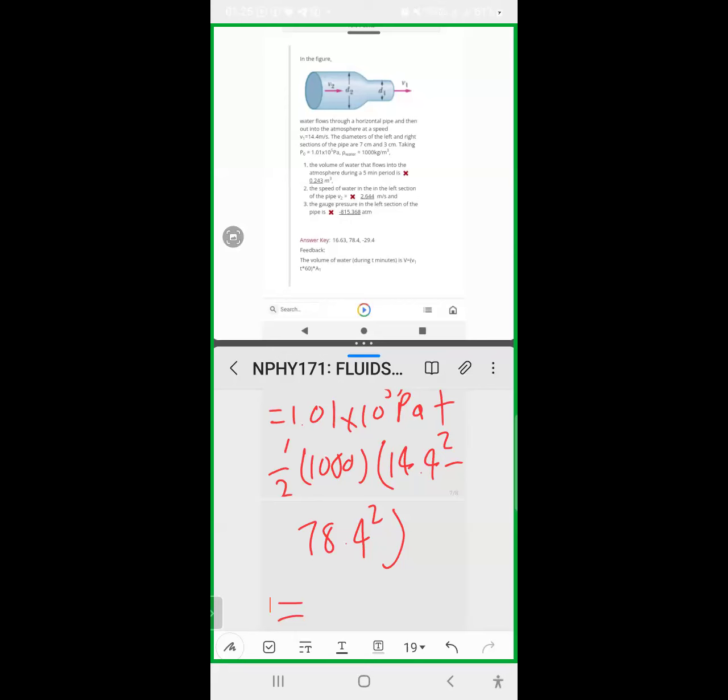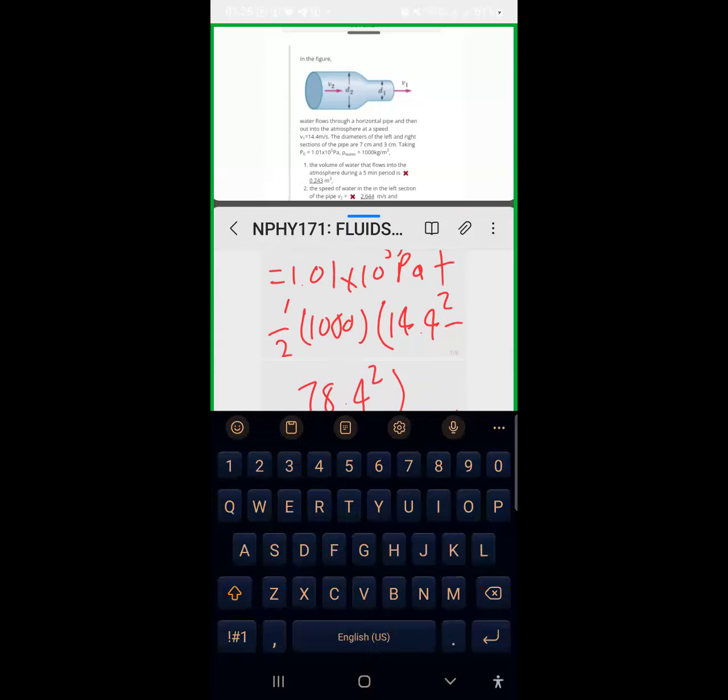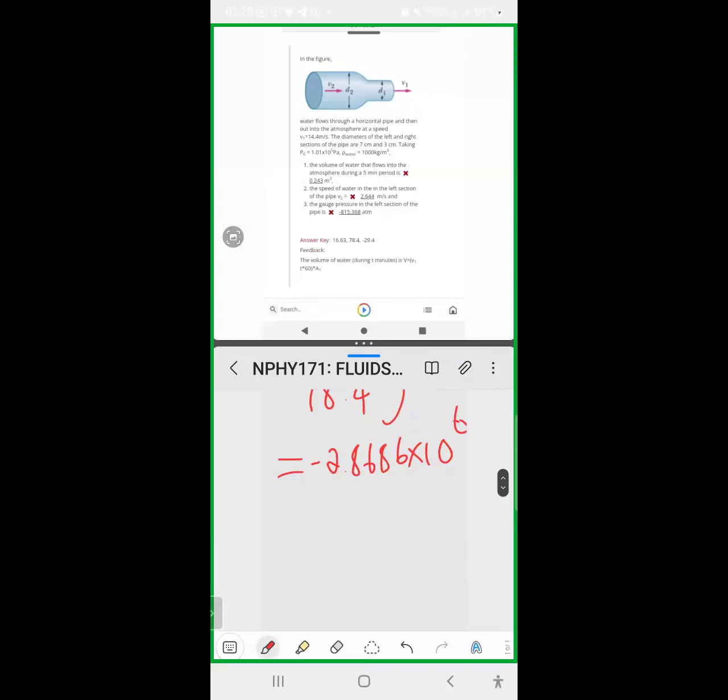This gives me minus 2.8686 times 10 to the power 6 pascals. Right, so this is our absolute pressure at the left section.